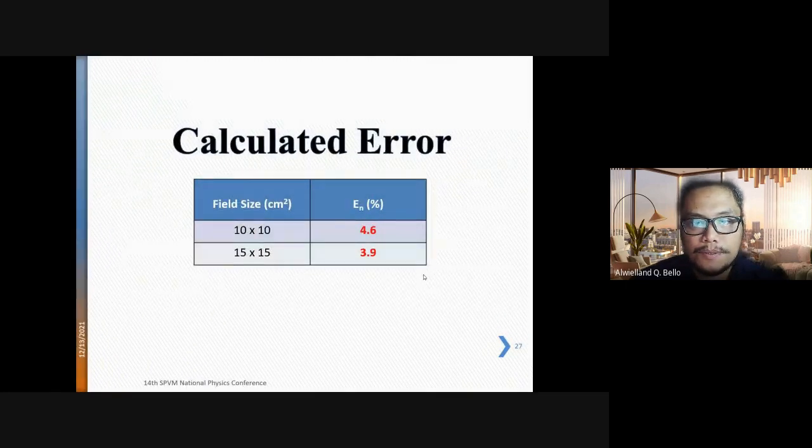Okay, so the calculated error is as follows. For the field size of 10 by 10, we have 4.6%, and for the 15 by 15, we have 3.9%.